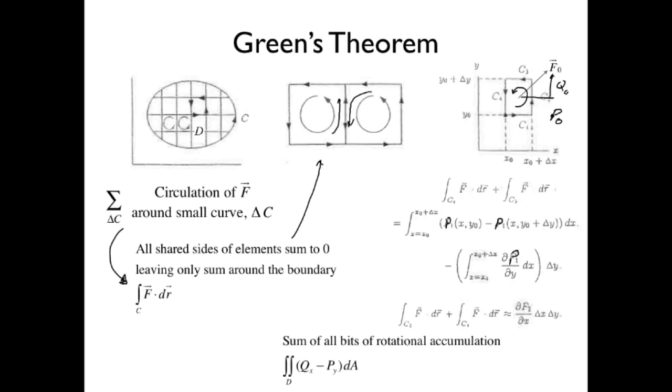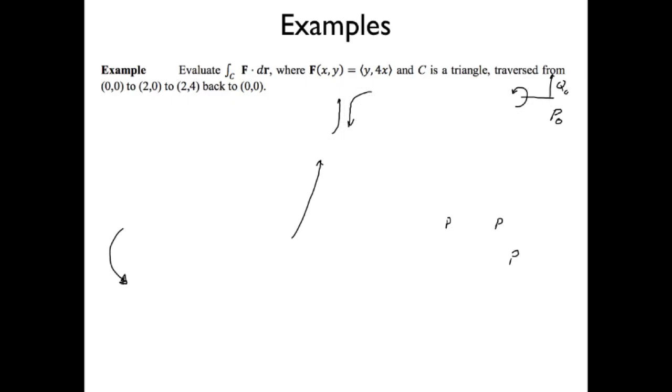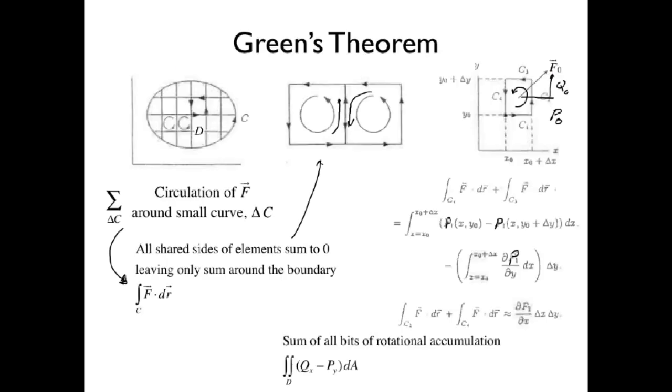We saw that the P of Y has a negative contribution to the curling rate, because for a positive change in Y, it's how much X goes back the other way. But then the QX has a positive contribution, because it's a double negative. X is going back that way from C2 to C4, and Y is turning down.